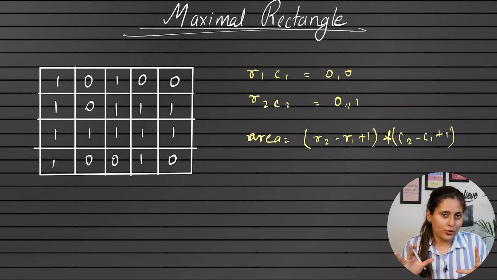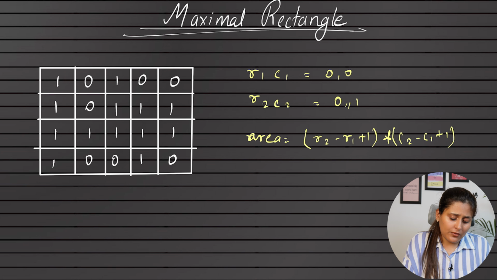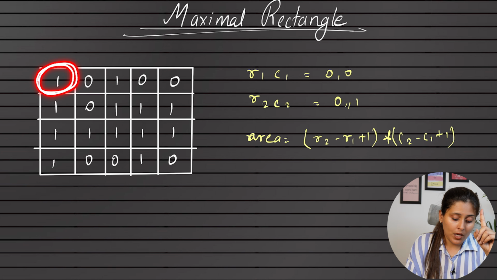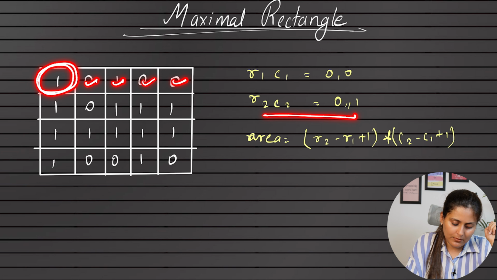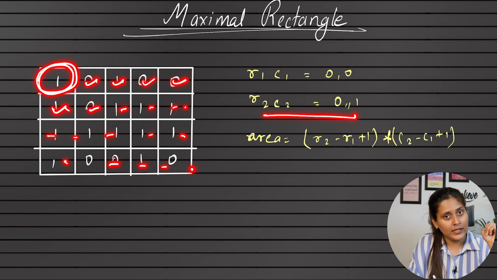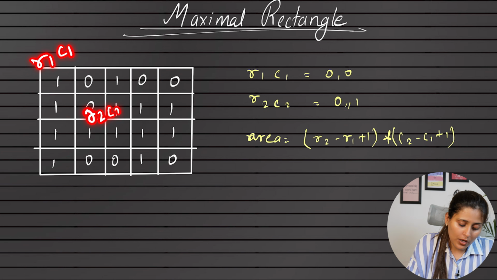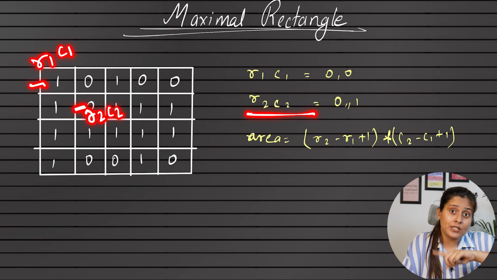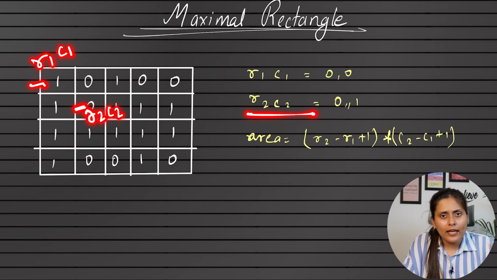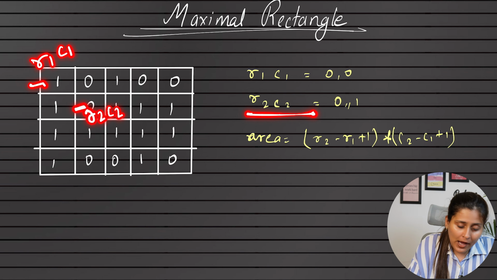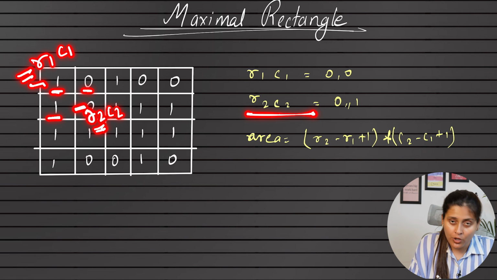Okay, so what are you thinking? What I am saying is, with a single R1 C1 we are running this R2 C2, first time, second time, third time, fourth time, and so on, one by one to all of these, correct? And when we are running R1 C1 to R2 C2, we have taken O of n square to decide R1 C1 and R2 C2. Again we are running 2 for loops from R1 C1 to R2 C2 to check whether every element in between is 1 or not, correct?